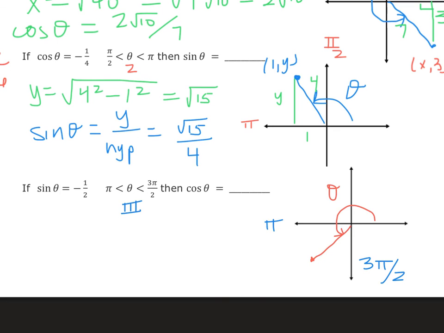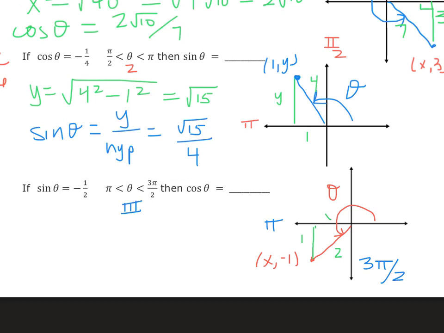We don't know what x is, but we do know that y is negative 1. If we create that right triangle, the hypotenuse is 2, and we know that this side has length of 1.